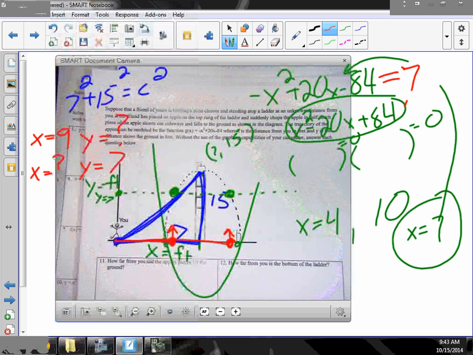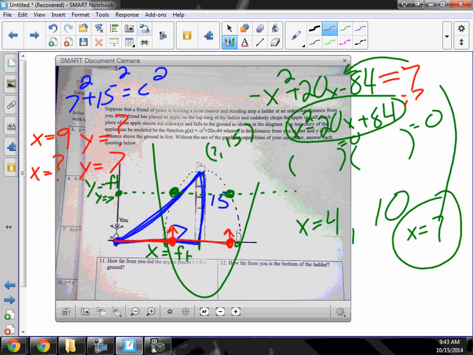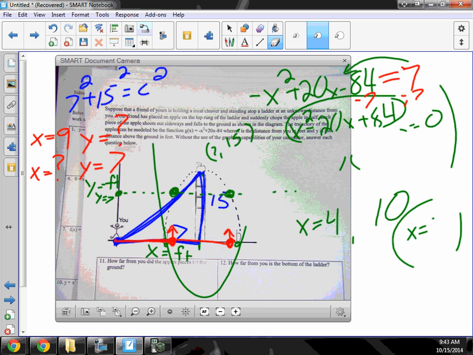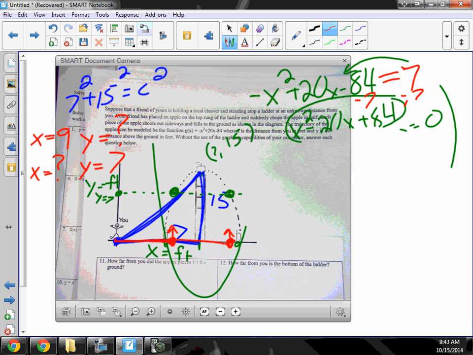So if you have a quadratic that equals 7, what do you need to do in order for it to be solvable? You need it to equal 0. So I subtract 7 and subtract 7, and I'd end up with negative x squared plus 20x minus 91.